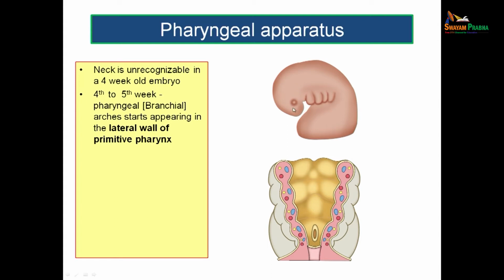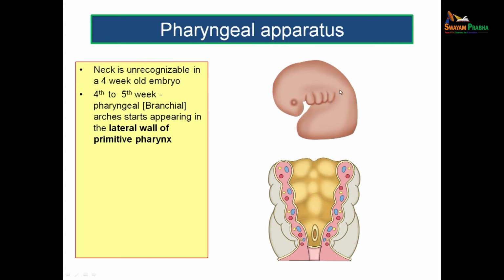This is the head, the primitive region of the head. This is the cephalic end, and in this region you will get the primitive gut tube developing. This can be considered the pharyngeal portion. When you have a look at this region, you know that the neck is not properly developed. In the region of the primitive pharynx, this is the side view, that means the lateral wall of the pharynx.